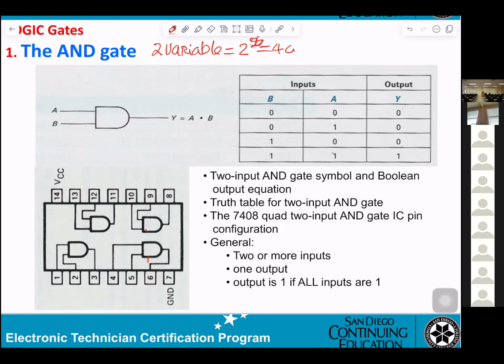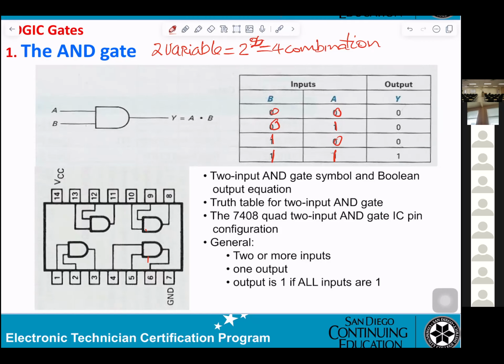Four combinations. First row, get 0, 0, 1, 1. Then the next one will be 0, 1, 0, 1. That is the combination for 2 variables.